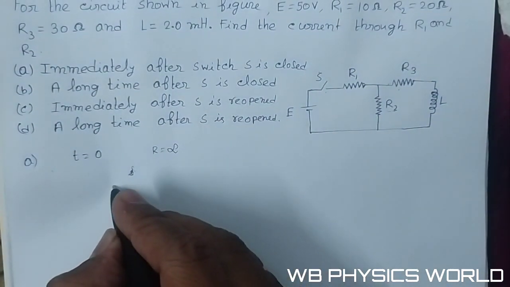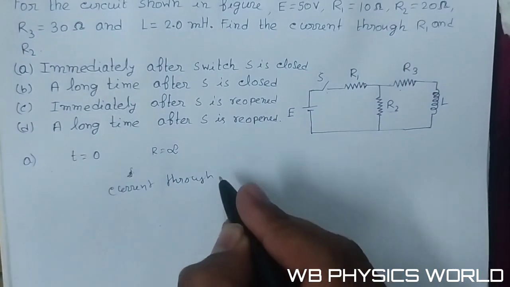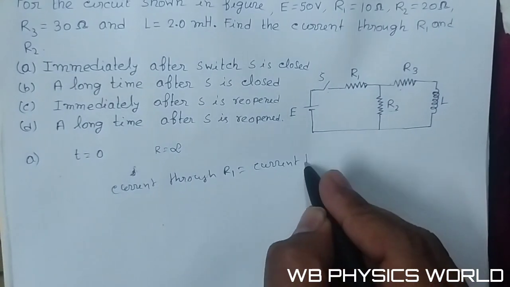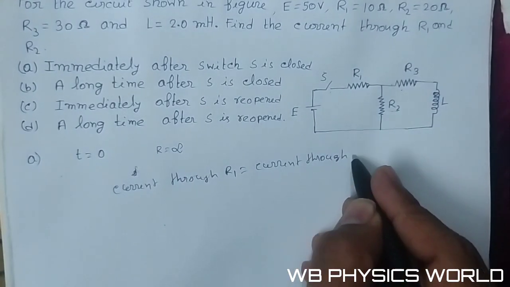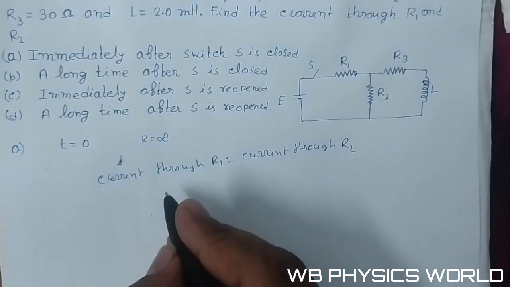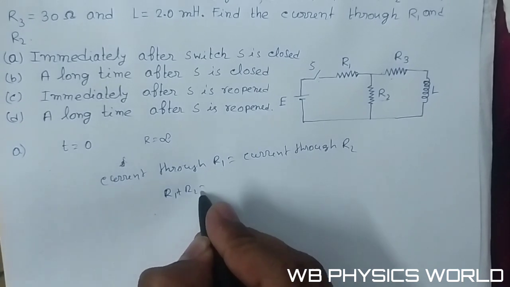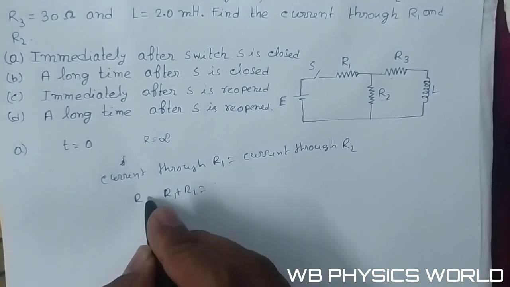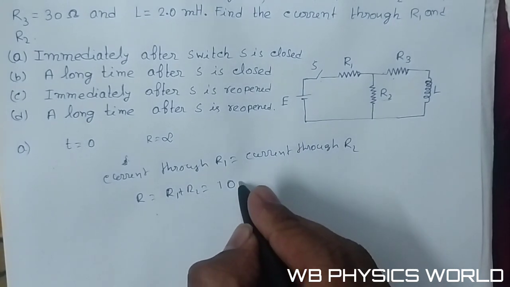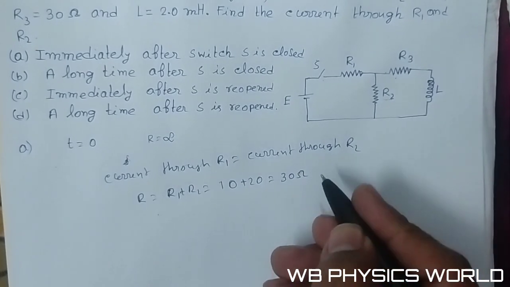So the current through R1 is equal to the current through R2, and the total resistance in this case is R1 plus R2, that is R equal to 10 plus 20, so 30 ohm.